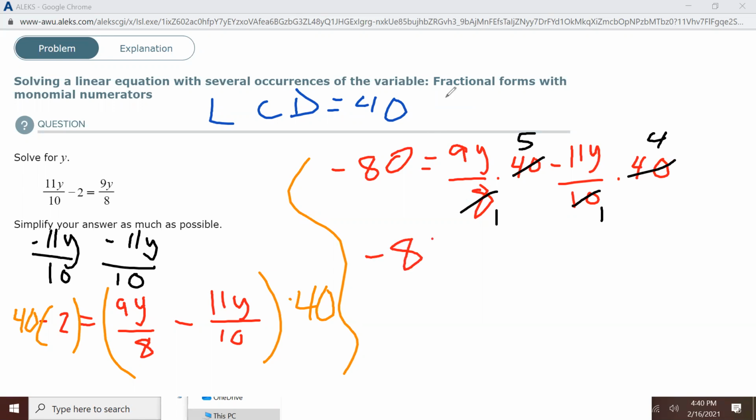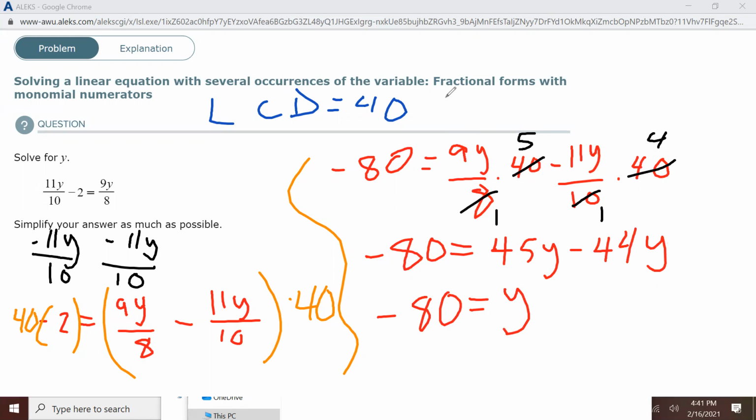So the equation simplifies on the right side to 9y times 5 is 45y and 11y times 4 is 44y. 45y minus 44y is just y. So the problem is done. And that's it. A little tricky, but certainly not beyond you because you guys are really smart.